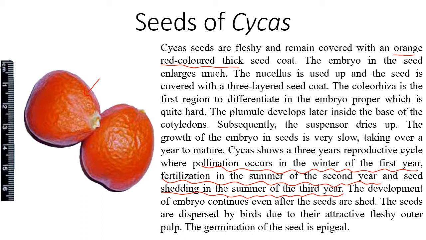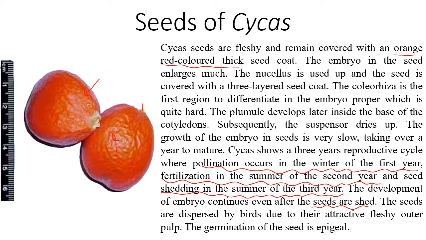So this is a big process taking 3 years. The development of the embryo continues even after seeds are shed. Means even though these seeds are dropped down from the mother plant, still the development of the embryo is taking place within these seeds.